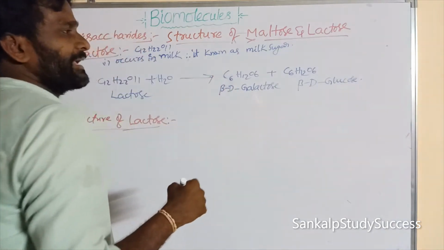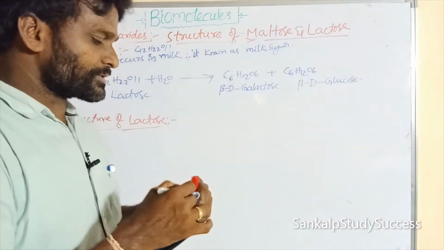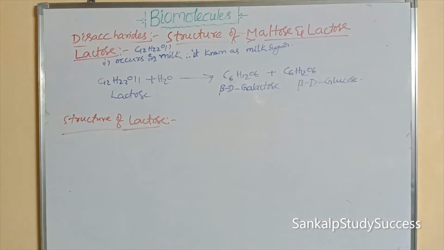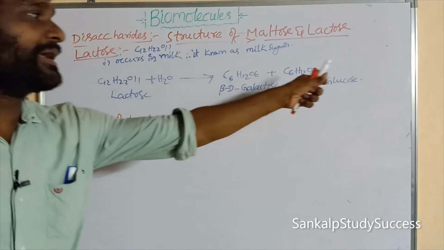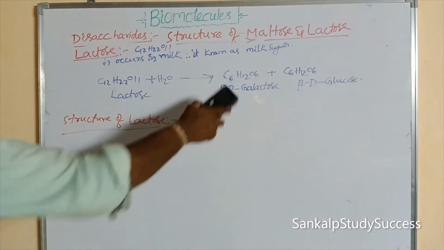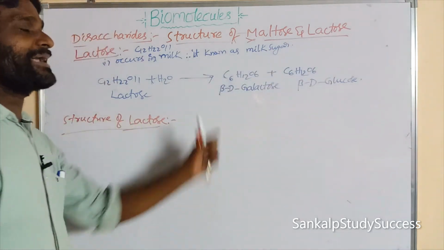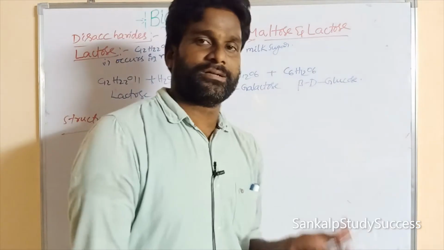So on hydrolysis, lactose gives beta D galactose and beta D glucose. Both have the same molecular formula but differ in their configuration.